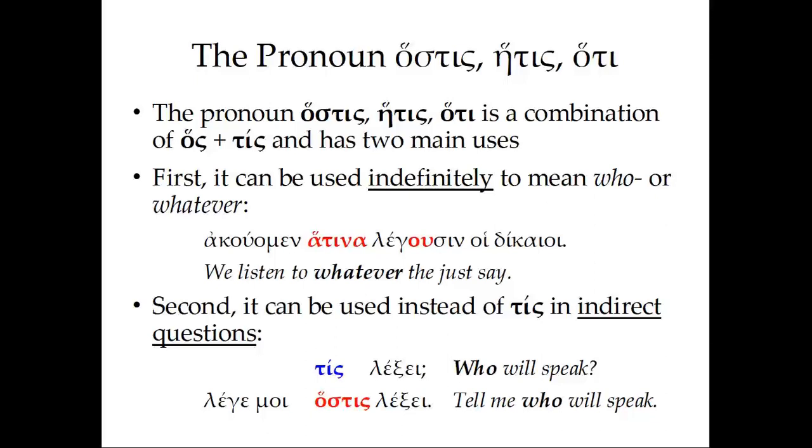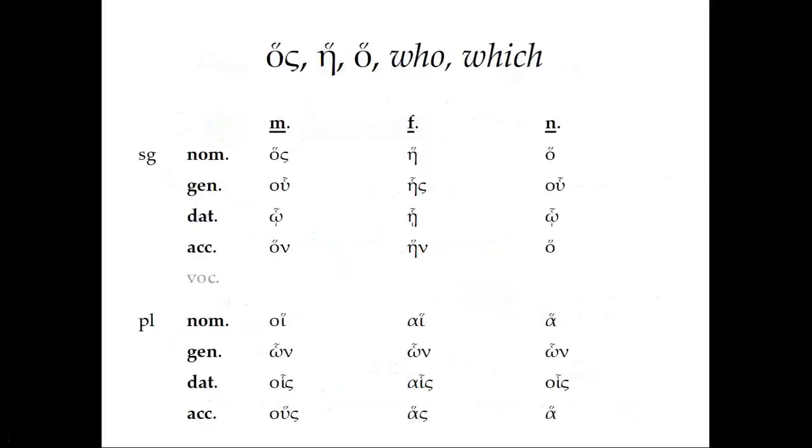Now let's look really quickly at the forms of this, because there are one or two alternative forms that you might see. So these are the forms of the relative pronoun, hos, hē, ho, who, or which. We see these in relative clauses. We see these in indefinite clauses. And we form hostis, hētis, ho ti, simply by adding to these the corresponding forms of tis, ti.